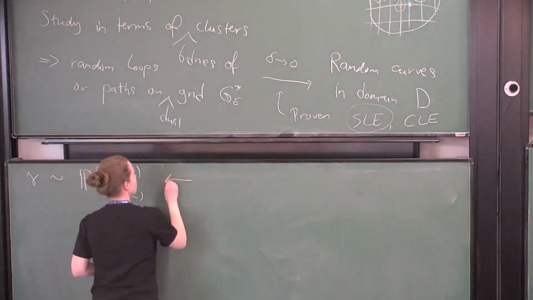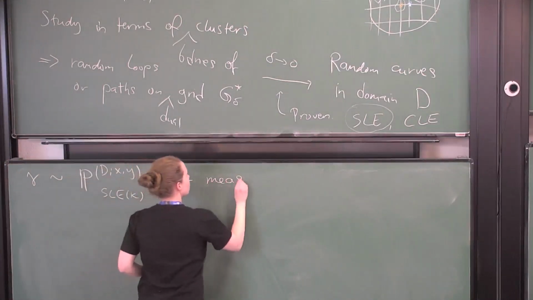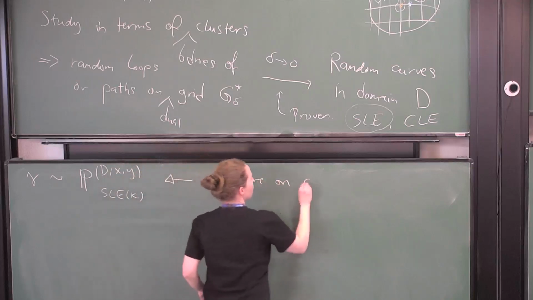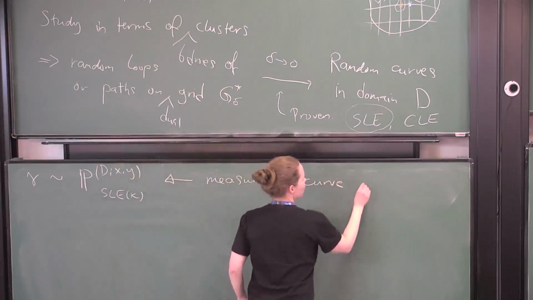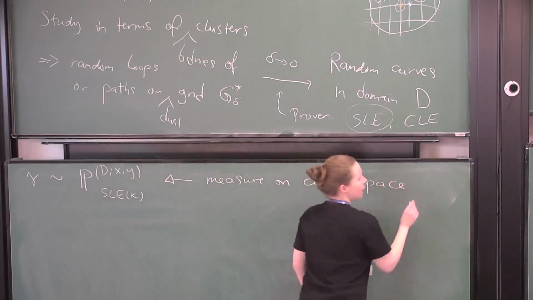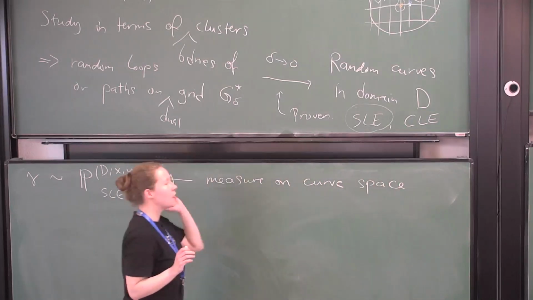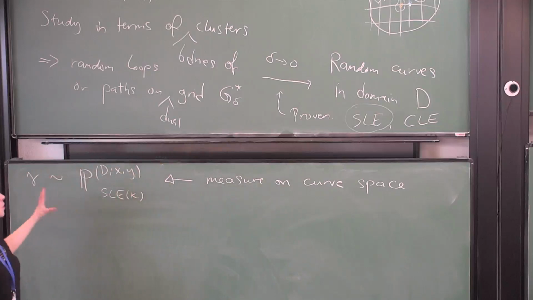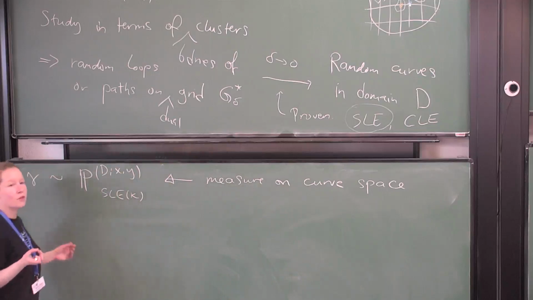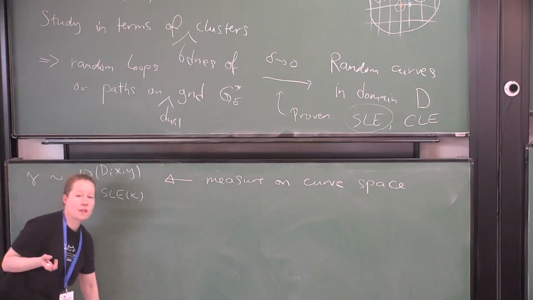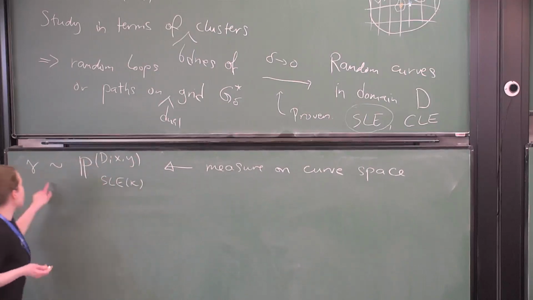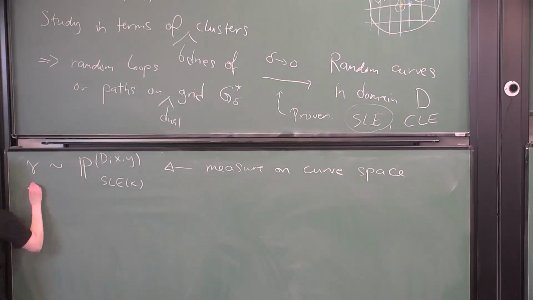This is a measure on curve space, and you need to put some topology and so on, but I don't want to do all these details, so it can be done. I just want to describe the ideas to you. Happy to explain more, also privately. So this is a random variable.